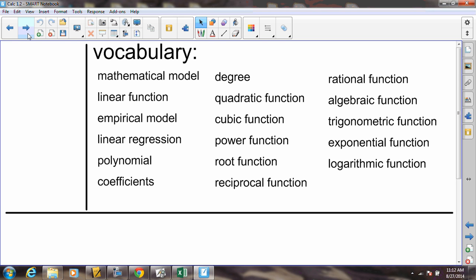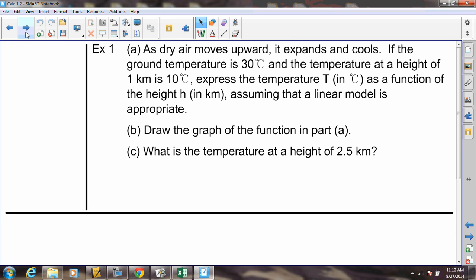All right, so starting off then. Here's our first example. As air moves upward, because, you know, especially heat rises, air will expand and cool as it goes higher and higher up.